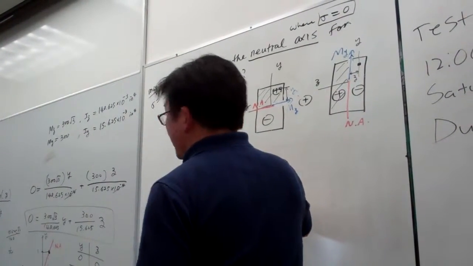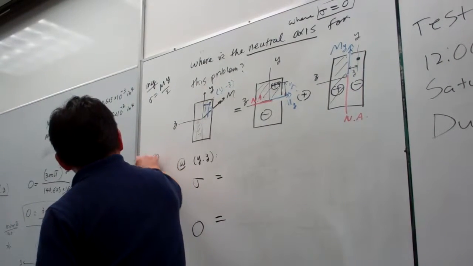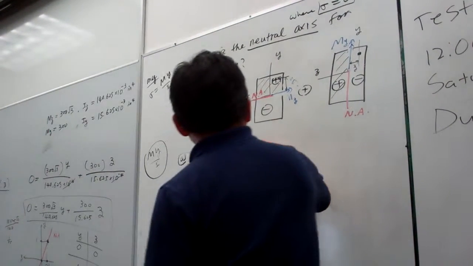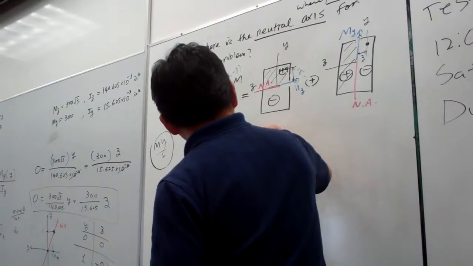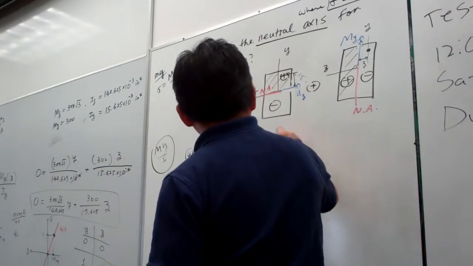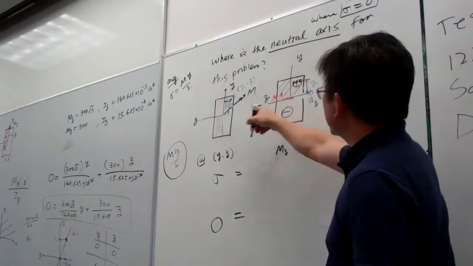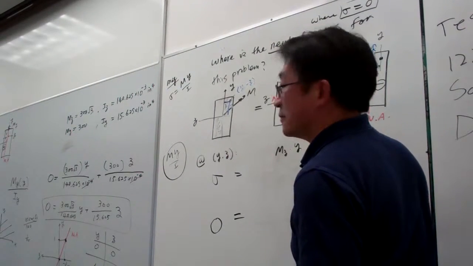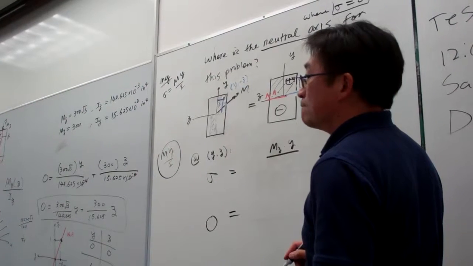Now I calculate the magnitude first. The magnitude is m_y over I. So m is mz times the distance from the point to here, that is y. But wouldn't that be negative because of the orientation?